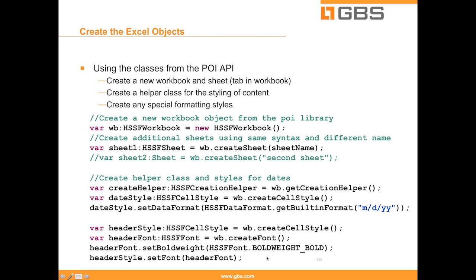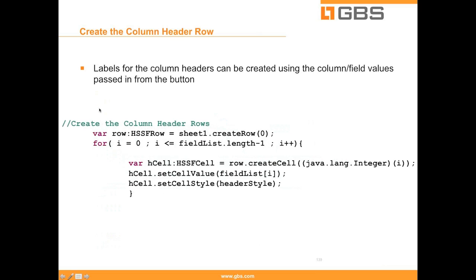We create a style for the output, and then in a for loop for the field list length, we go in and create a row for every document in the view, and every field that we're processing from the document we put into row values.